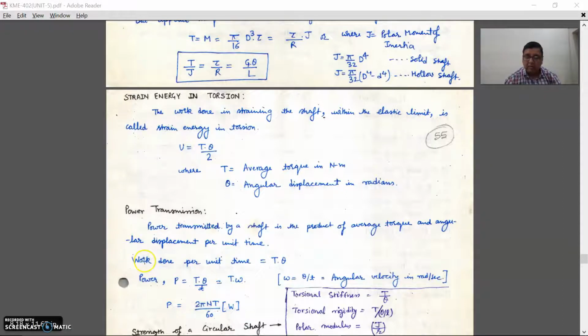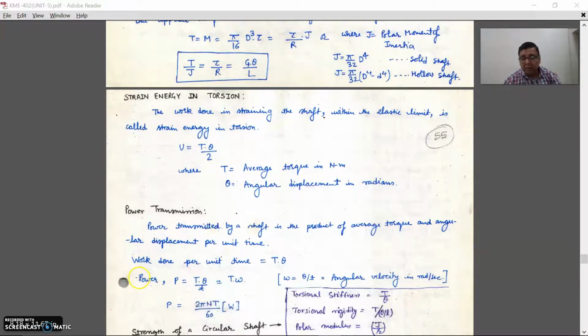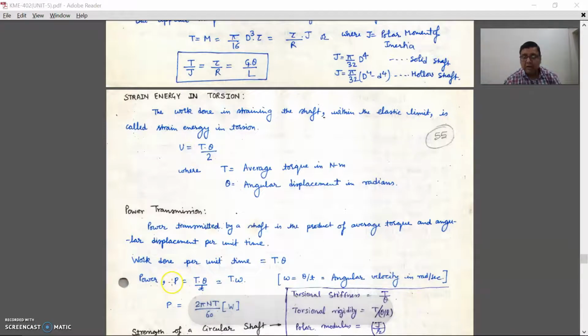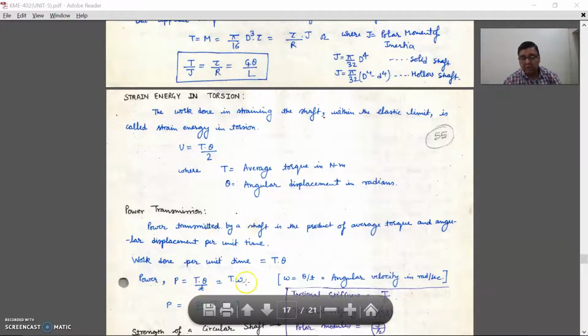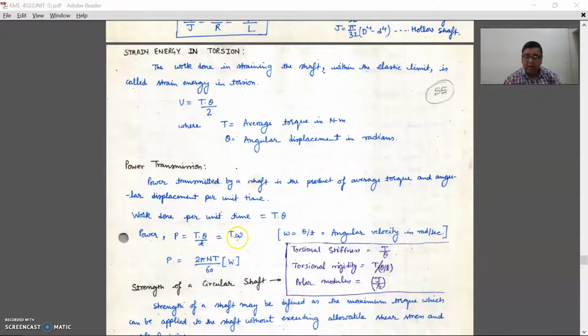So that is the work done. And we know that power is equal to W upon T. In the same manner, P is equal to T into theta upon t, where theta upon t I can write as omega. And the value of omega is 2 pi N by 60.